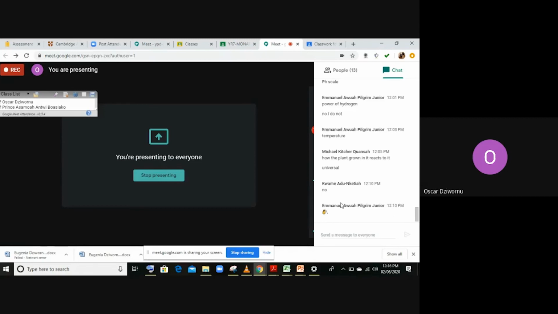Yes, Pilgrim, let's go. We can take two types of soils and keep them in a container. After that, we will pour the universal indicator inside the soil.